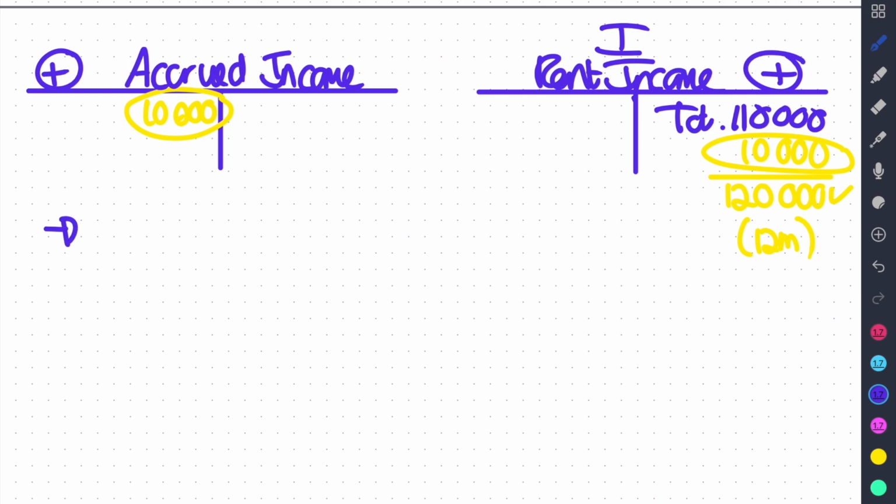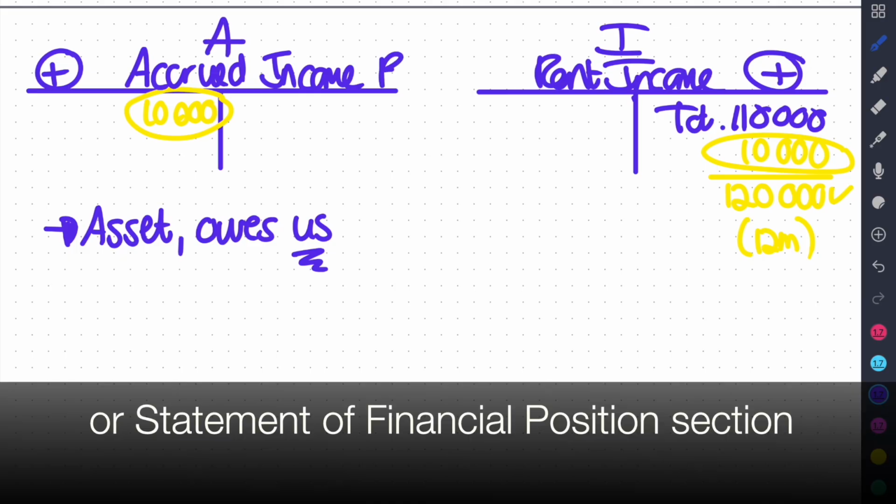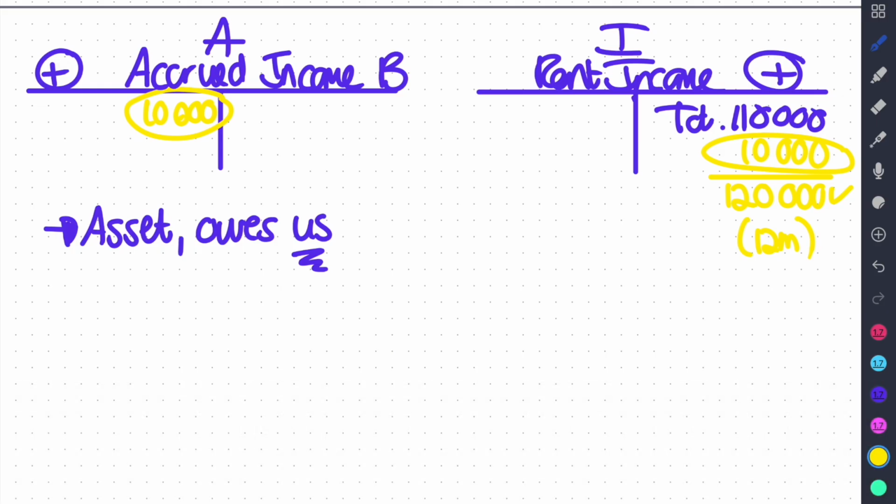We see it as an asset because somebody owes us. So this is an asset in my balance sheet section, and somebody owes me money. If I had to look at the details, I would write in here rent income, and over here I would put accrued income. And there's your debit and your credit for this adjustment.